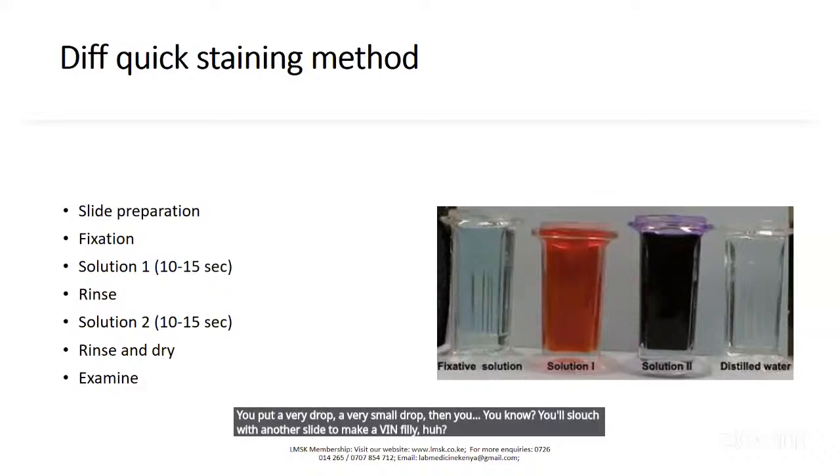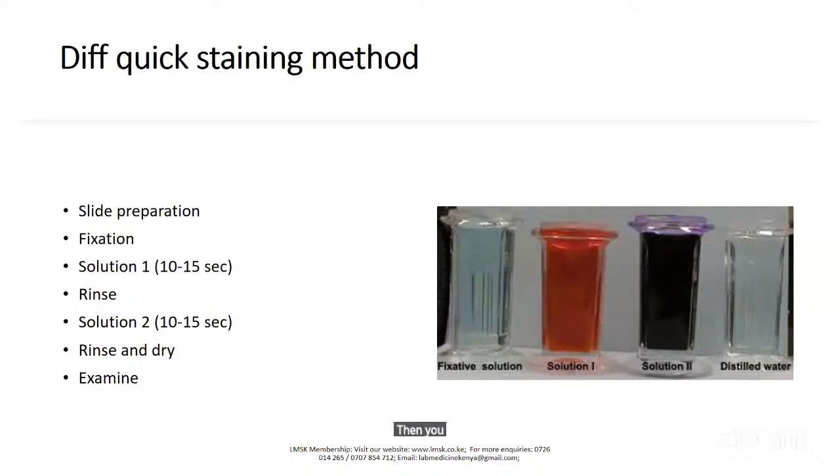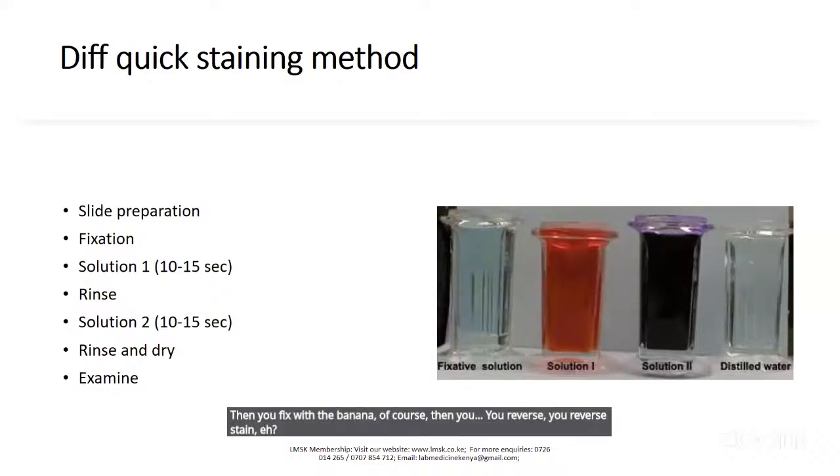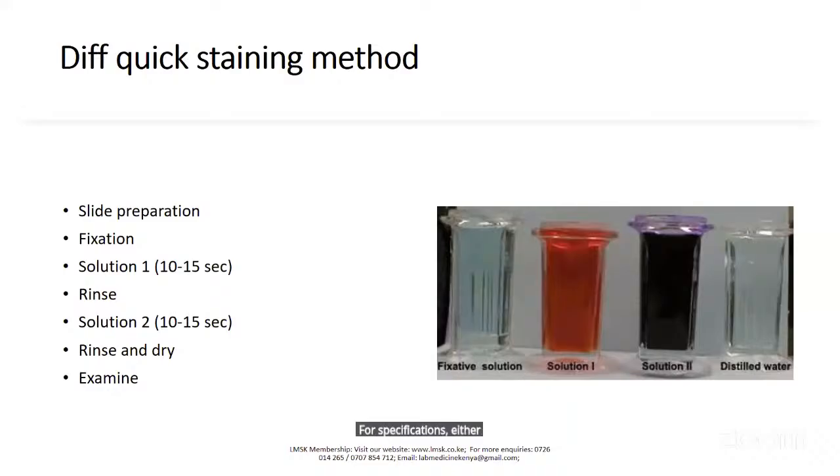Then you fix with methanol, of course, then you Romanowsky stain for identification, either for plasmodiums. That's exactly how you prepare it. You put a drop of the cells.